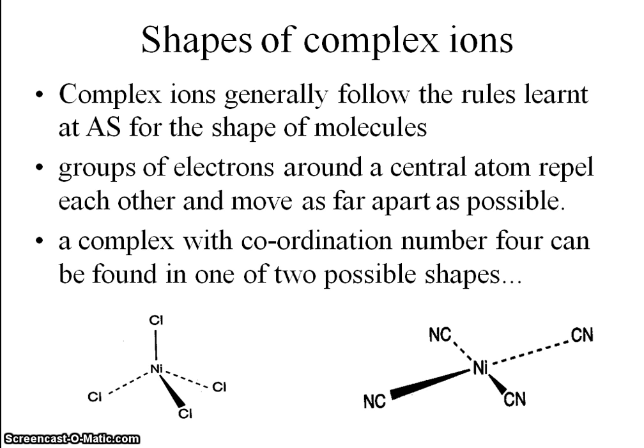If we take a look at complexes with a coordination number of 4, there's 2 possible shapes. So from last year you'll remember the tetrahedral shape, which has a bond angle 109.5 degrees. But for complexes we can also have the square planar shape with a bond angle of 90 degrees.